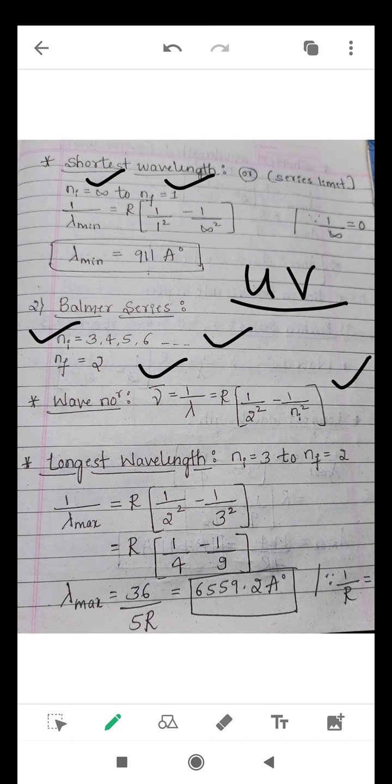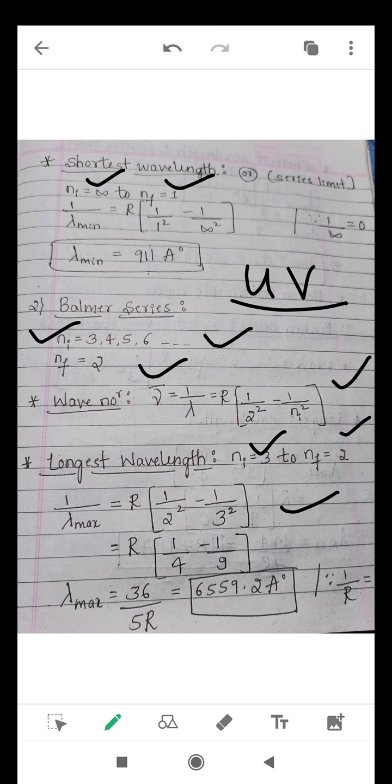Similarly, we will find the longest wavelength for the Balmer series. To get the longest wavelength, let us substitute the value of Ni as 3 and Nf as 2. The longest wavelength of the Balmer series is emitted when the electron transitions from Ni is equal to 3 to Nf is equal to 2. Therefore 1 divided by lambda max is equal to r times of 1 divided by 2 square minus 1 divided by 3 square.